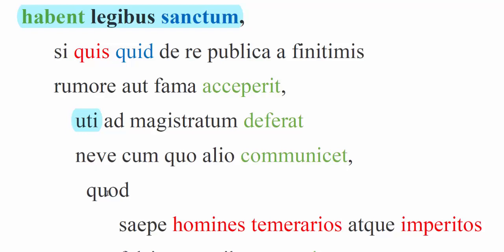That person needs to bring it to the magistrates, to the elected officials, and not, so the que here. Traditionally, que is translated as "and", but we can translate it as "and" here.